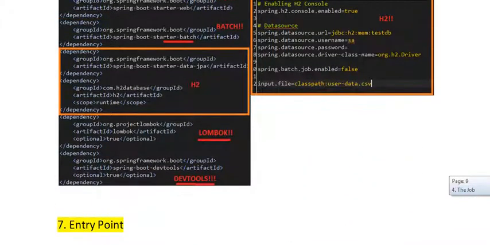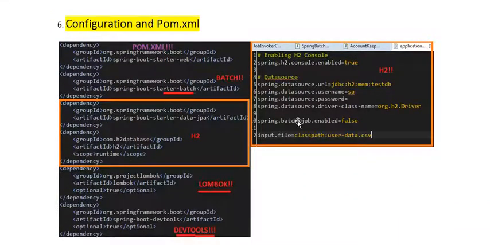Let me check the configuration details. In the POM, you need basic things like Spring Boot starter web and Spring Boot starter batch for supporting batch. For the H2 database connection, you need to add the dependency Spring Boot starter data JPA and com.h2database h2 runtime, and this properties file you need to include.